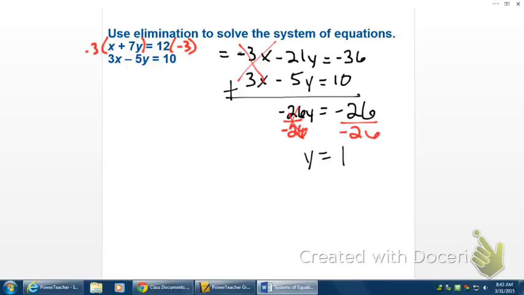I'm going to put the negative 5 and then put parentheses around 1. And then I'll write the equation around it. So all we did right there is plug in 1 for y. 5 times 1 is going to give me 5.